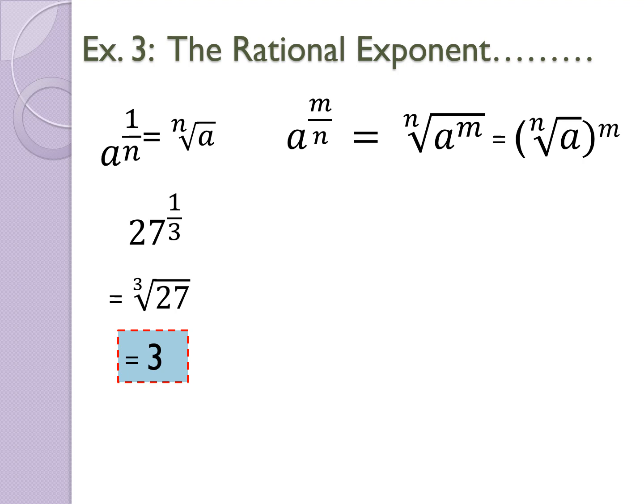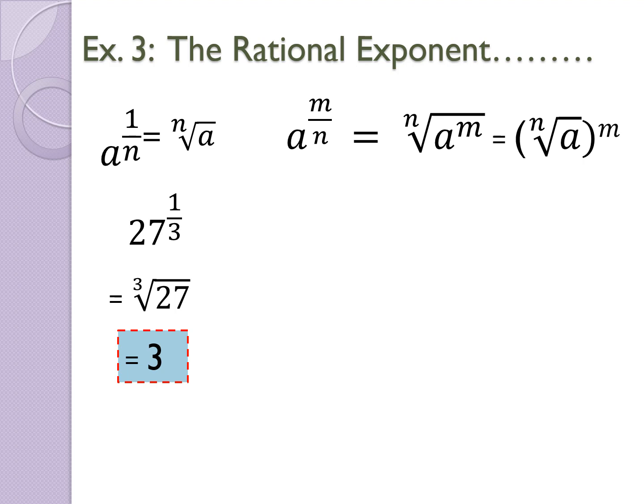Just like we talked about in the example to the left, your denominator is always the index. That hasn't changed. That denominator of the exponent is your index. It's telling you what kind of root it is. But the numerator, that is the exponent of the problem.